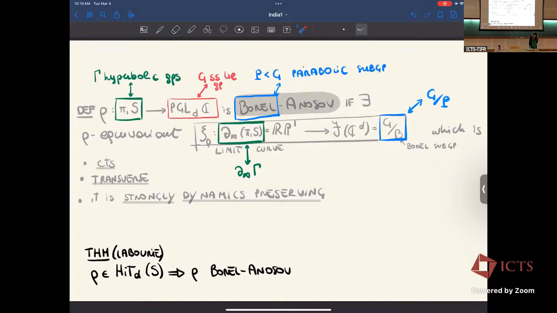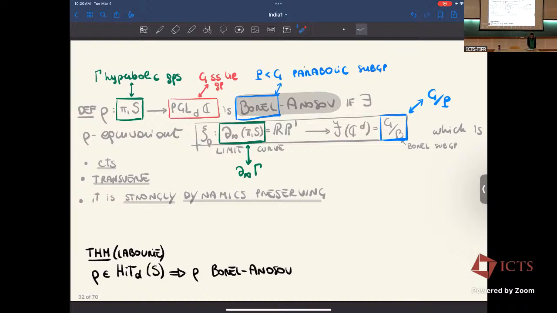The target group needs to be a semi-simple Lie group. We'll see some other examples, like the symplectic group. And here the parabolic doesn't have to be the minimal parabolic. It doesn't have to be Borel always. You can have a different parabolic subgroup. For example, here I could have chosen the stabilizer of a point, the stabilizer of a line. And in this case, the parabolic would have been a maximal parabolic, much bigger.